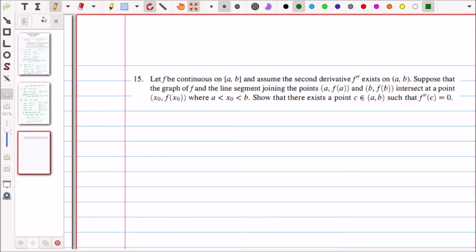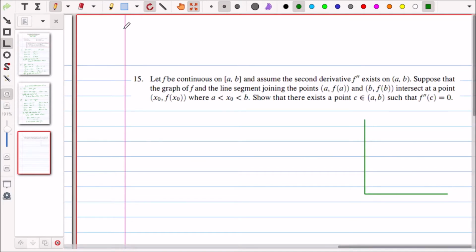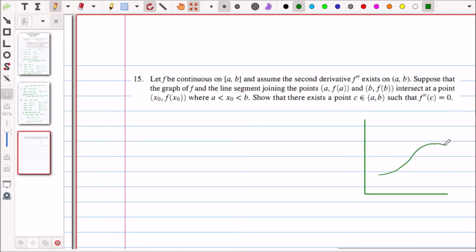So basically, if you look at this, we are given some function. This you can take as a, this is b, and I'll make it a little curve.